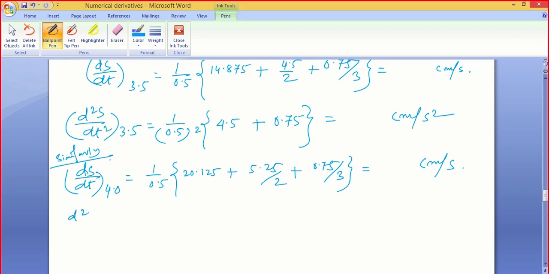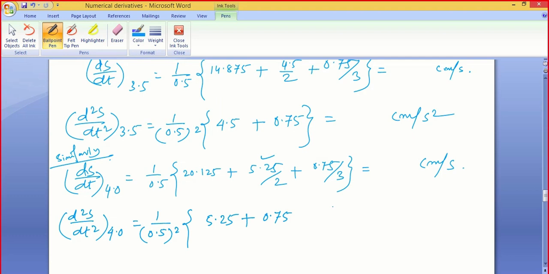And acceleration at the last one means 1 by h square. Starting from the second difference, so 5.25 by 1 plus third difference 0.75 plus 11 by 12 fourth difference.